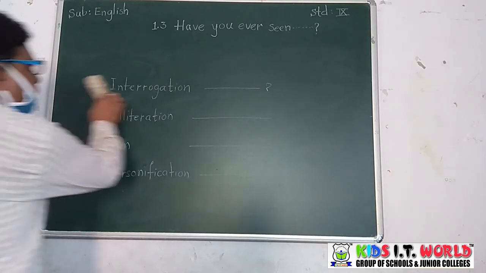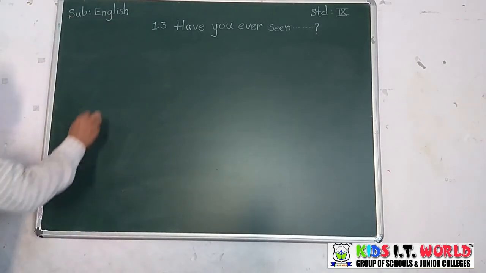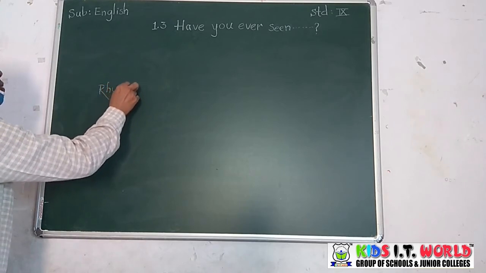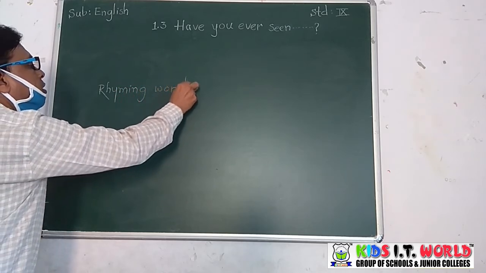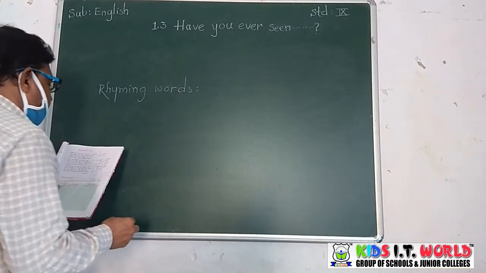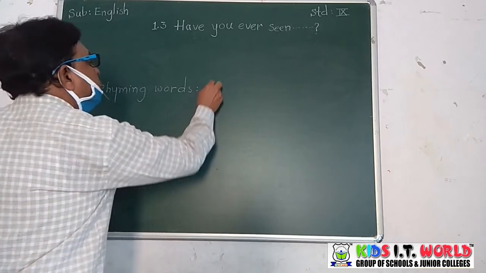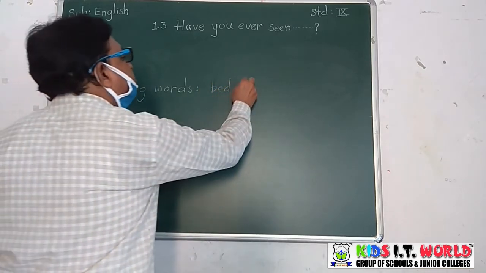Okay. Now let us see one more thing, that is rhyming words used in the poem. Just refer to the poem once again, page number 13. See the last word of the first line, it is bed. And it rhymes with head.